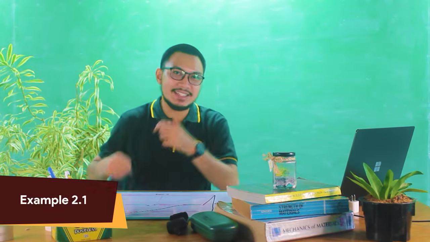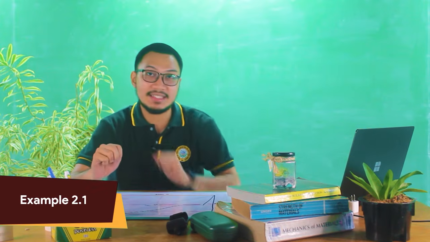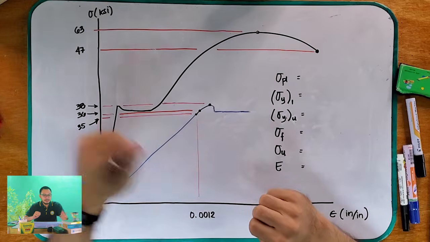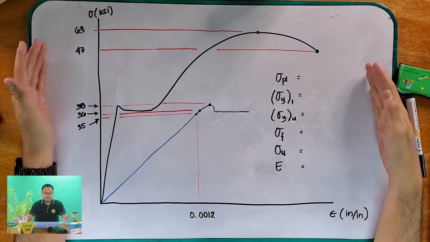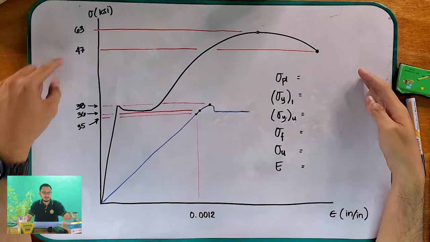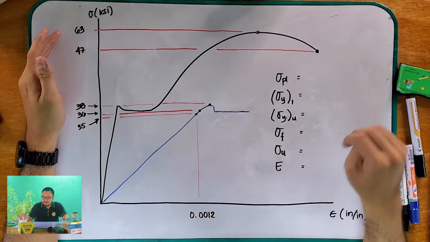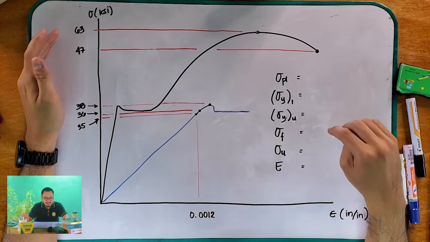So now let's have an example of a stress-strain diagram for steel. We have this stress-strain diagram and these are the observed values for the behavior of our steel during the tension test.